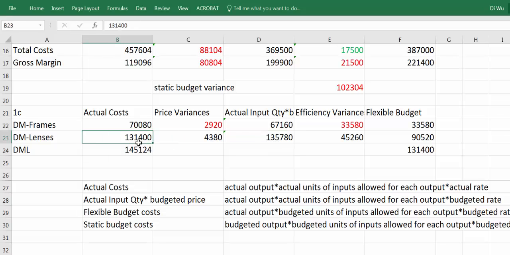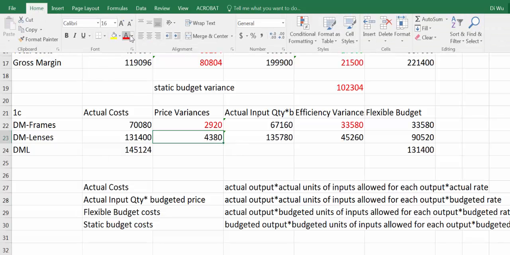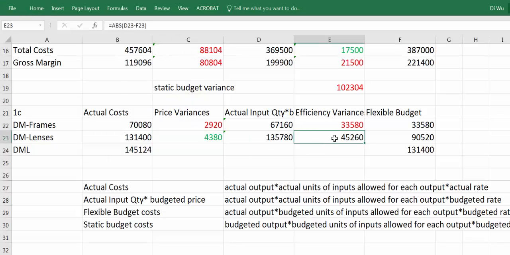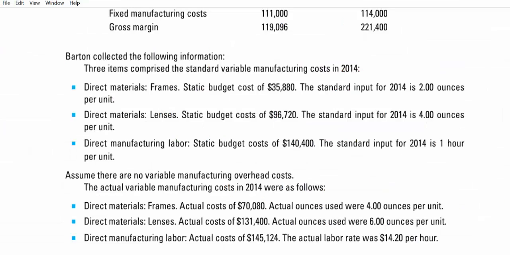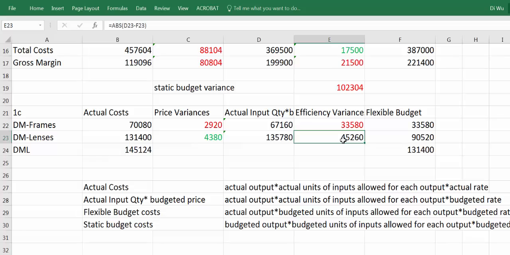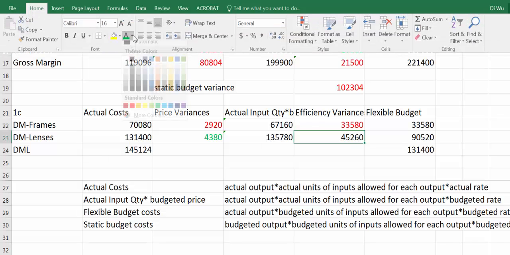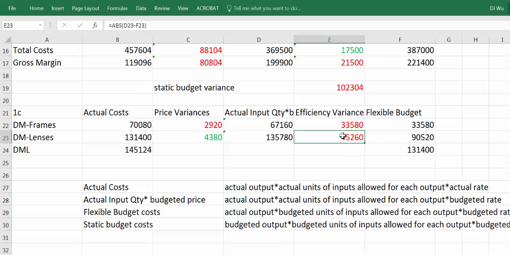So actually you do save costs because of the price per unit of input. So this one is favorable, so you have the green one. For efficiency, if you read the question, the budget uses 4 and the actual uses 6, so you end up with a higher cost. Therefore, this is unfavorable.